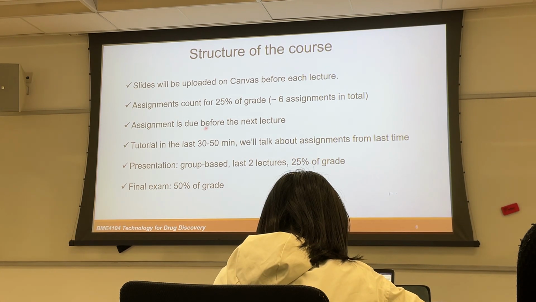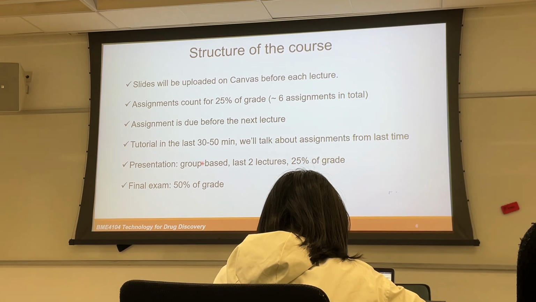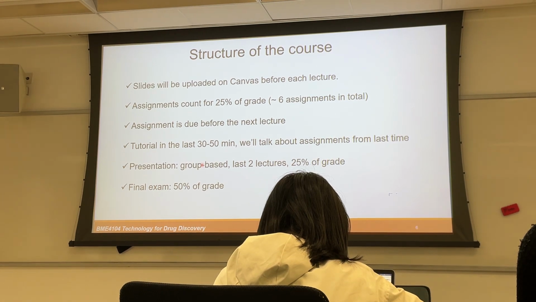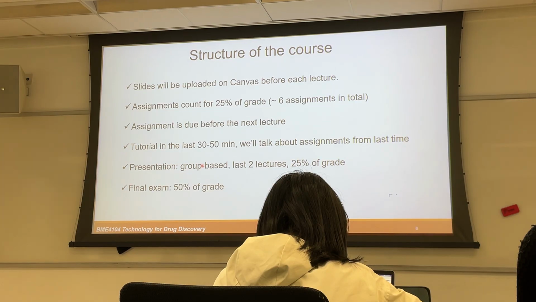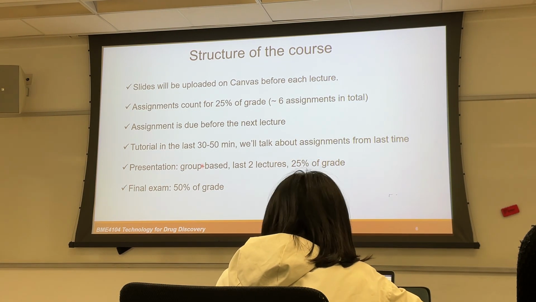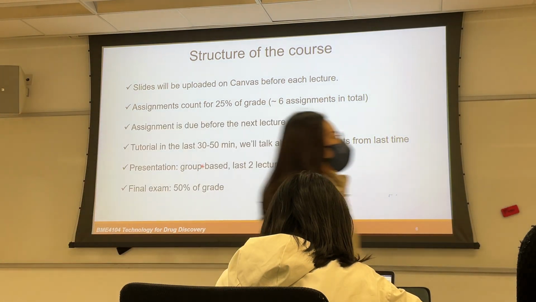All right, and then we will also have a presentation, which is group-based. I will decide how many people are in each group after the add and drop period, so I know how many people enrolled. Right now there are about 45 students enrolled. So probably we will have 2 to 3, or 2 to 4, I'm not sure yet, people in one group.